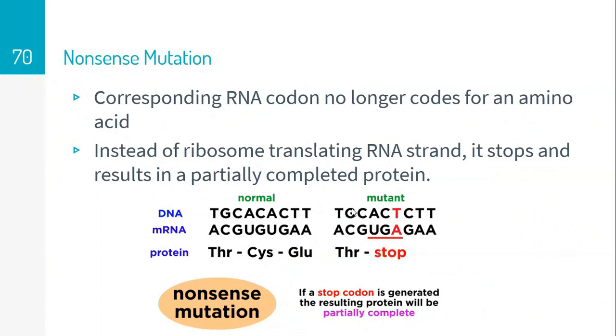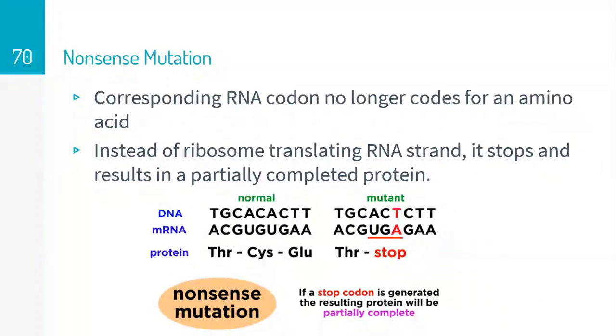Now, in the form of nonsense mutation, as I said, the corresponding RNA codon no longer codes for an amino acid. It's a stop codon. There are specific sequences that code for the stop codon in genetics. UGA is one, and it prevents the translation process from going any further.